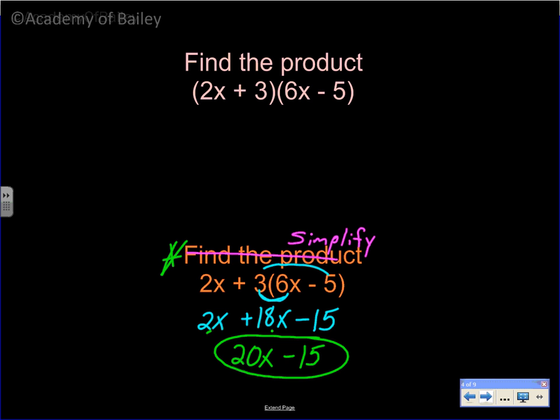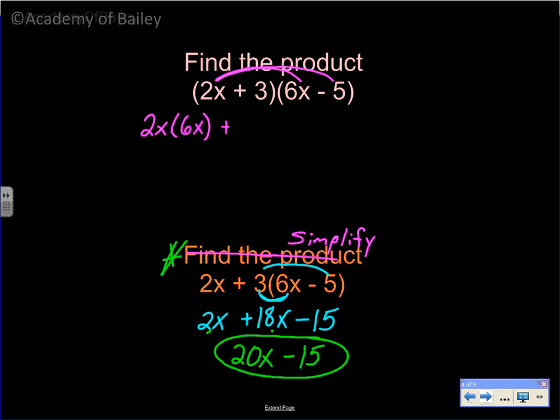Now up here at the top, it says find the product. Well, the product means we take everything in the left parentheses and multiply it by everything in the right parentheses. So this is just like the distributive property. You are going to take 2x, multiply it by 6x, and you're going to take 2x and multiply it by -5.